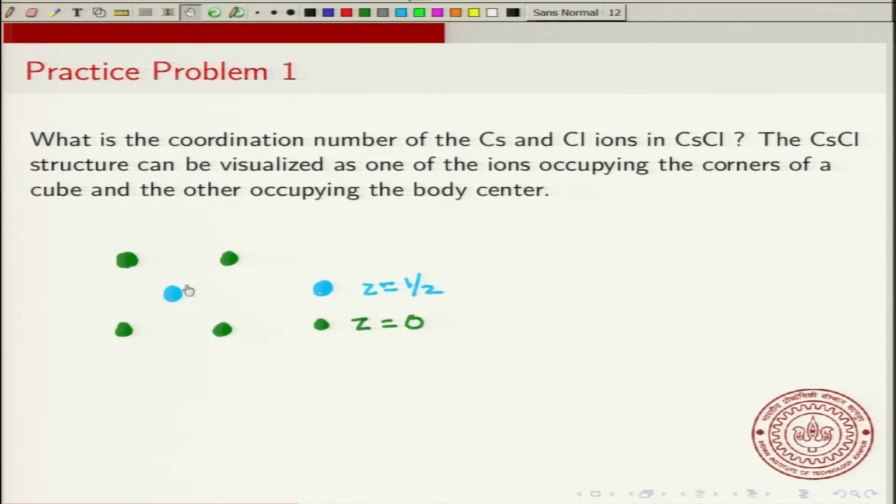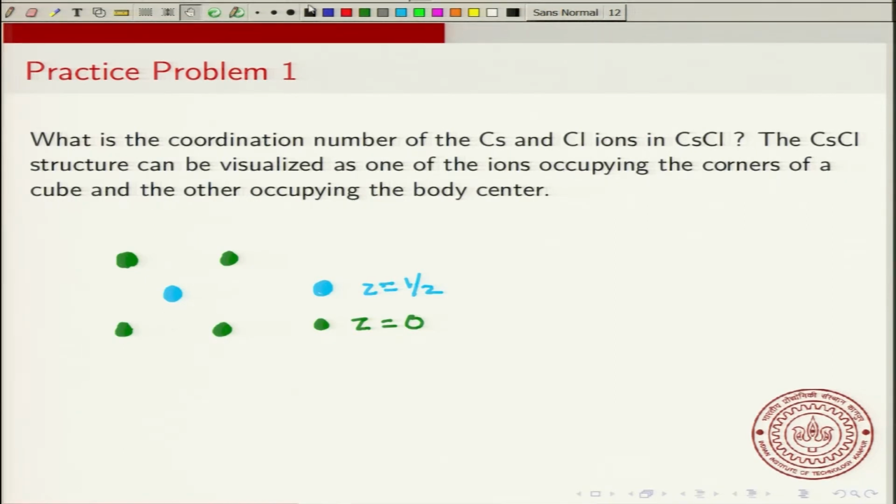If you look at this blue point at z equal to half, the blue ion, that is equidistant from these 4 green ions, and it is also equidistant from the 4 green ions at z equal to 1.